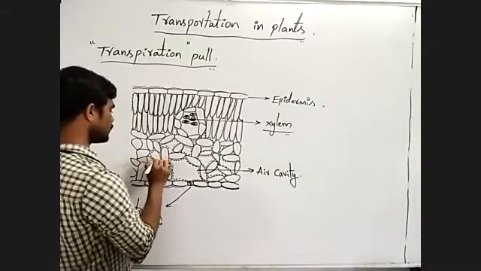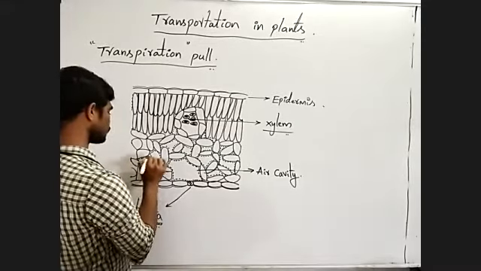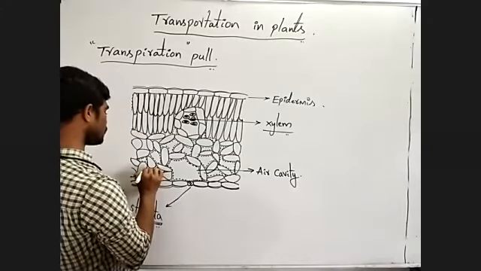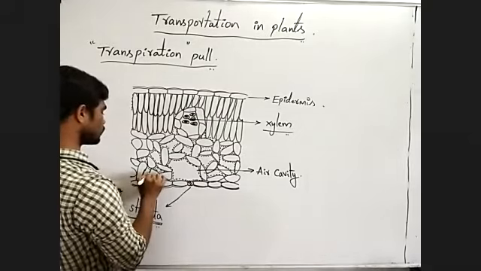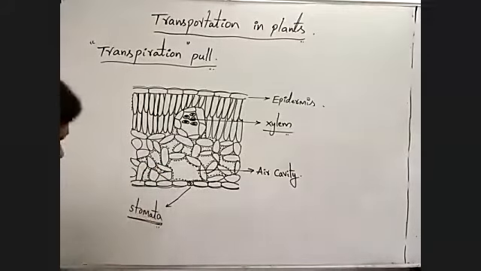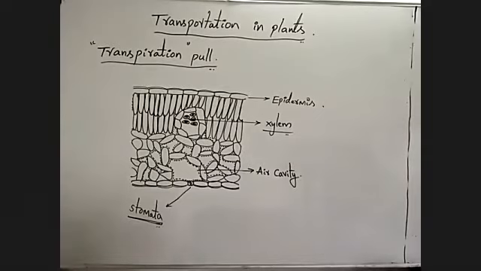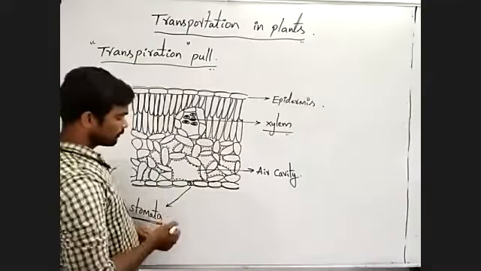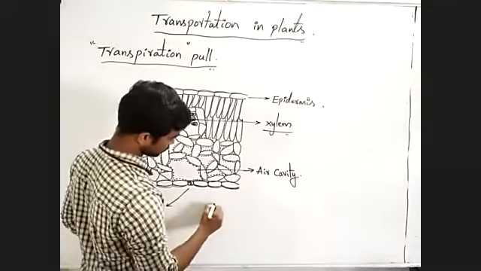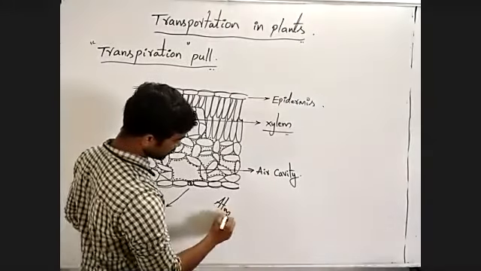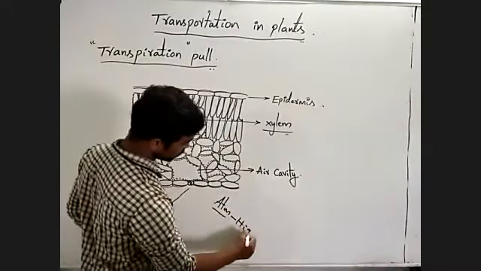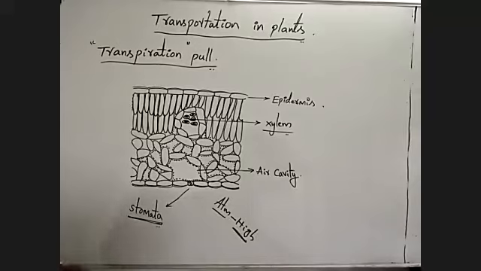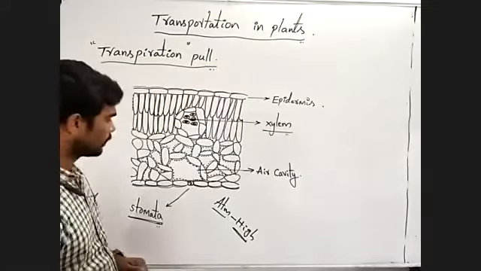Observe, all air cavities are lined with water, and all cells are associated with the xylem. Okay, from xylem, first here, whenever temperature is high in the atmosphere, what will happen?